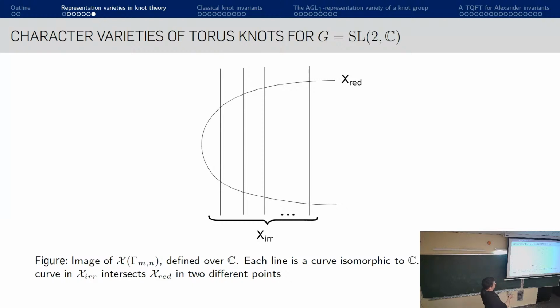In this case, that component is C. This is simply a schematic picture, okay? Because basically reducible representations are codified by eigenvalues, and then you need to mod out by the conjugacy relation, but you get that all the eigenvalues can be controlled by this, and then you get a bunch of irreducible components.